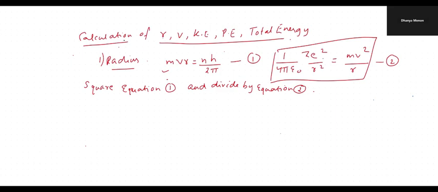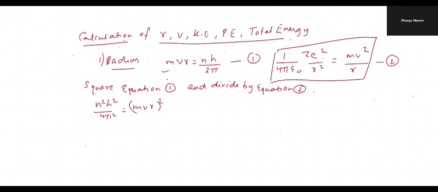Okay. So if these formulas are given, it is very easy to find out the radius. If they ask you the radius of different shells, it's easy to find out. Okay, so I'm squaring equation number 1. That gives me n square h square by 4 pi square is equal to mvr square, right?